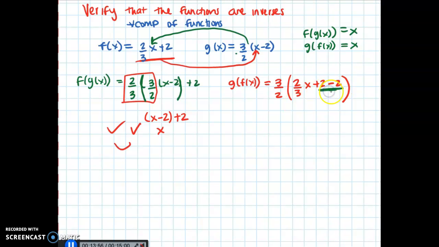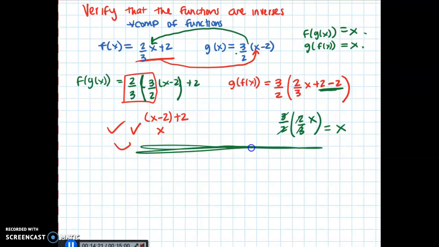First, simplify the inside. So 2 minus 2, that's 0. And now I have just 3/2 multiplied by 2/3 x. And just like before, this cancels and that cancels, so I am left with an x. So since f of g of x equals x and g of f of x equals x, both compositions simplify to give me x, so yes, they are inverses.